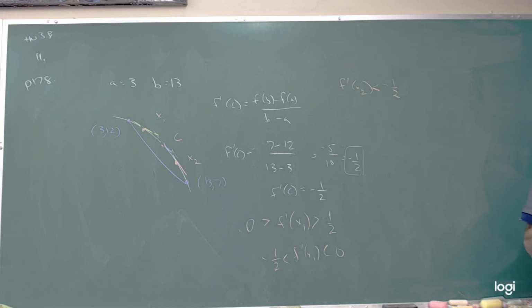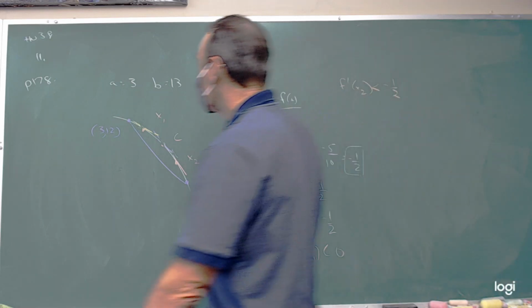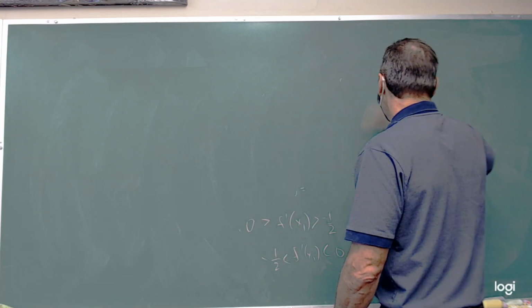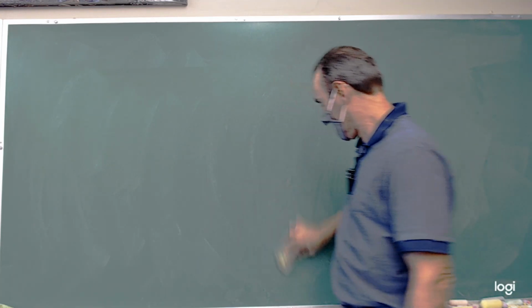What else? We did 14 on that same page. Use the racetrack principle, which we didn't really get a chance to talk about much, and the fact that sine of 0 is 0 to show that sine x is less than or equal to x for all x greater than or equal to 0. Okay, so this is 14.